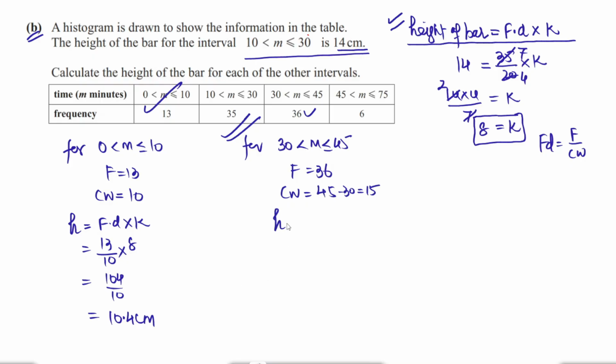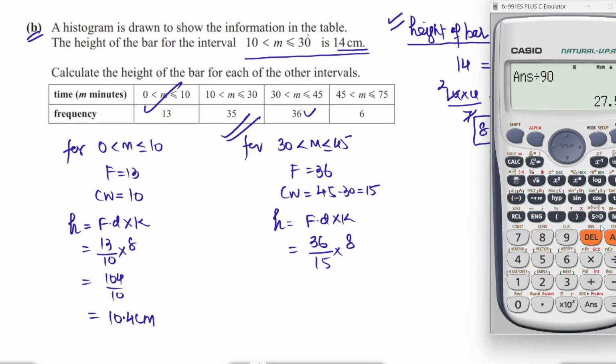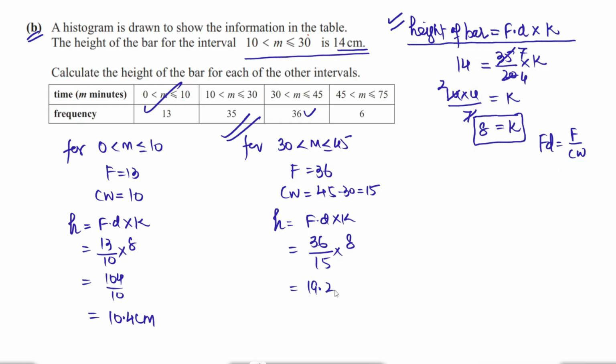So the height is frequency density into k, that is frequency upon class width into k, which is 8. We'll calculate this on the calculator because some numbers are complex. 36 into 8 is 288, divided by the denominator 15, gives 19.2. So this height has to be 19.2 centimeter.